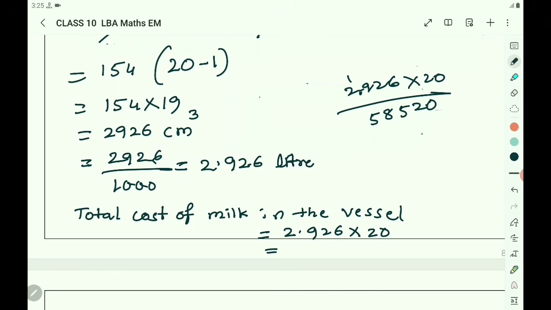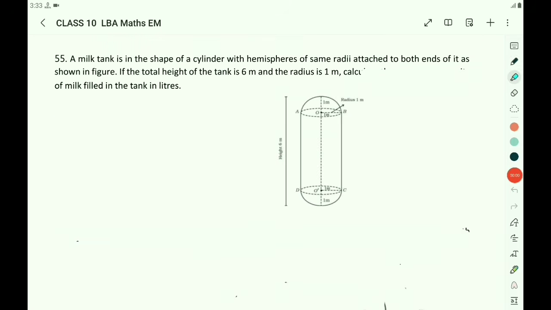Decimal point must be after 3 digits, 58.520, which equals rupees 58.52. The cost of milk in the vessel. Cost of filling the milk in the vessel is 58.52.